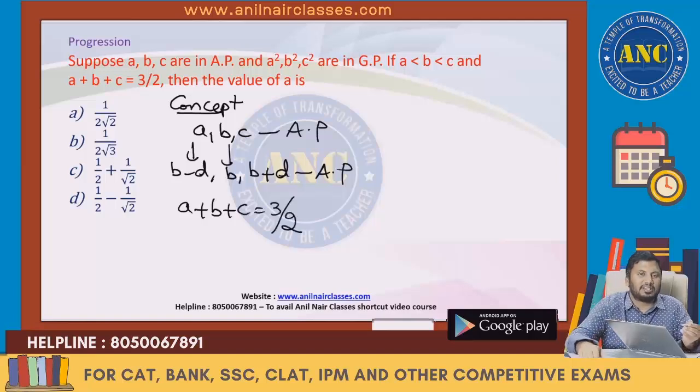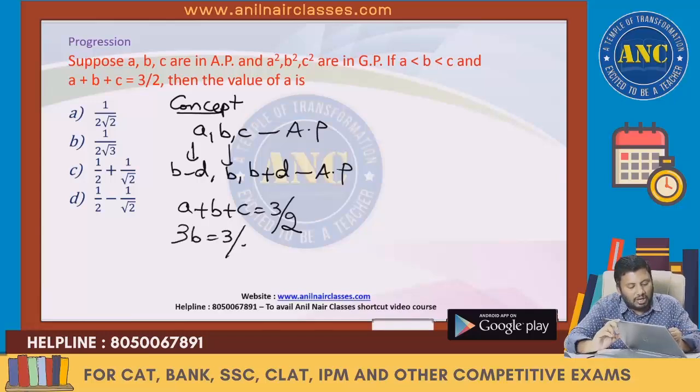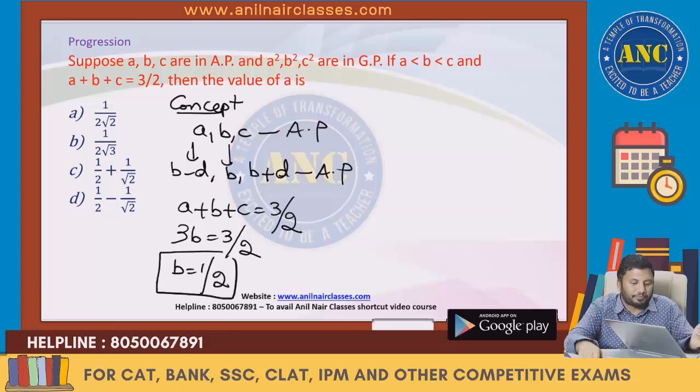So B minus D plus B plus B plus D, 3B is nothing but 3 by 2. B is nothing but 1 by 2.